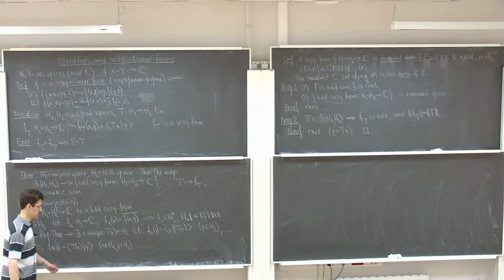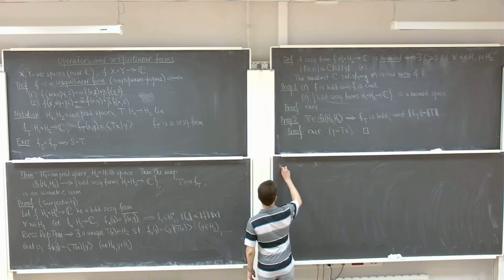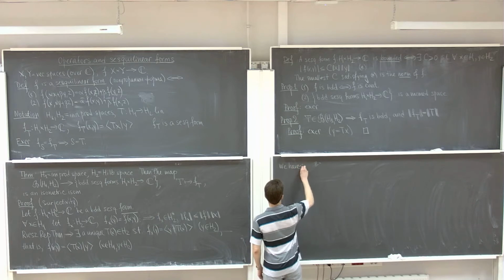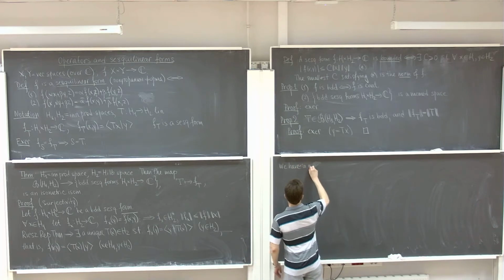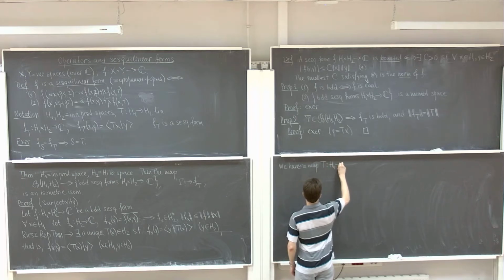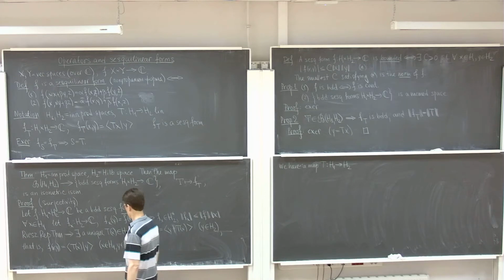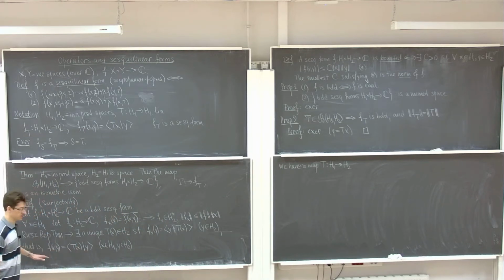So this construction makes sense for each vector x in H1, and so we obtain a map T from H1 to H2. If we now look at this formula again, we can easily observe that T is linear.